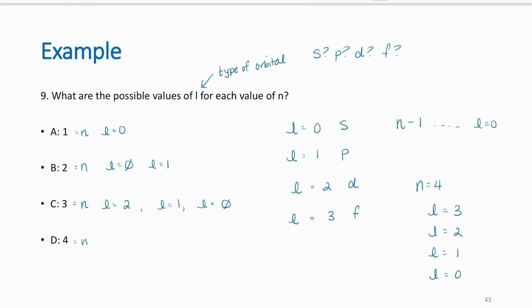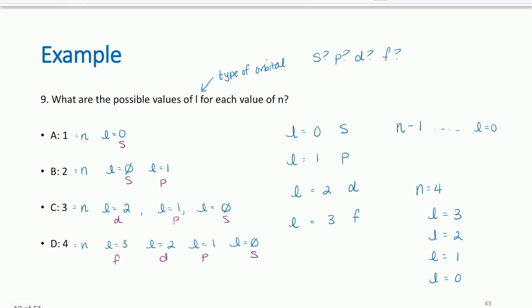And if n equals 4, l could be equal to 3, 2, 1, or 0. This would be an s orbital. These are p orbitals, d orbitals, and f orbitals. Again, quantum numbers are just the address of the electron. They're just a mathematical way for us to describe where these things reside.